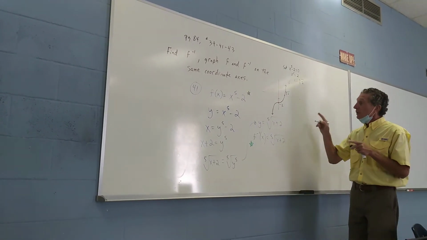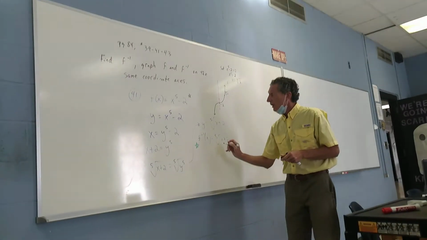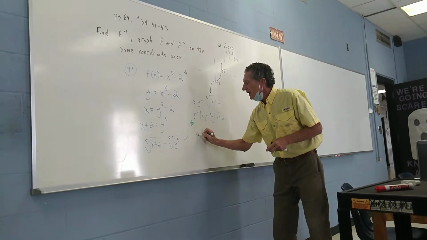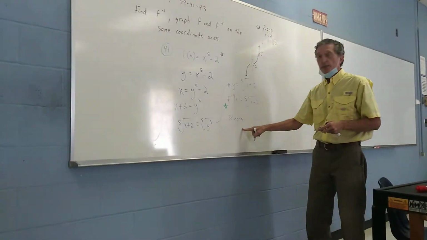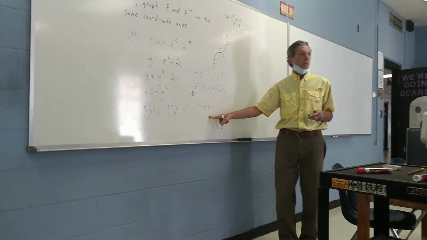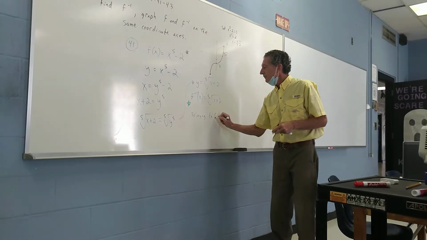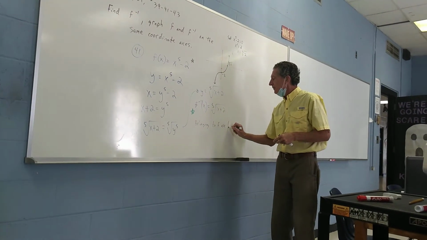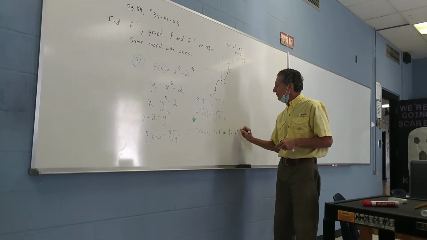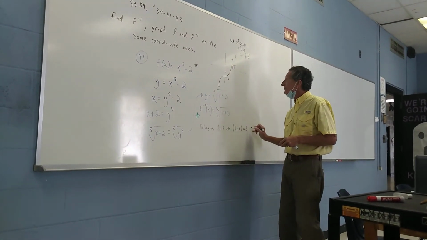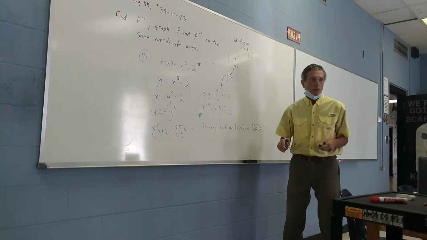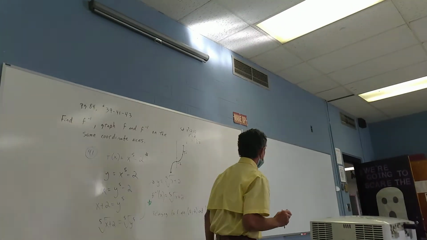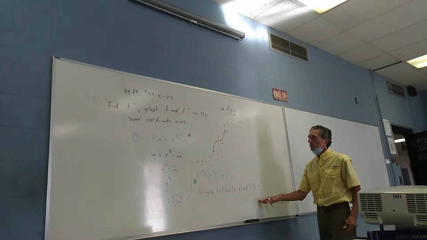So right here, I have points that belong to F. Are (0, -2) and (5th root of 2, 0). So I got 2 points.